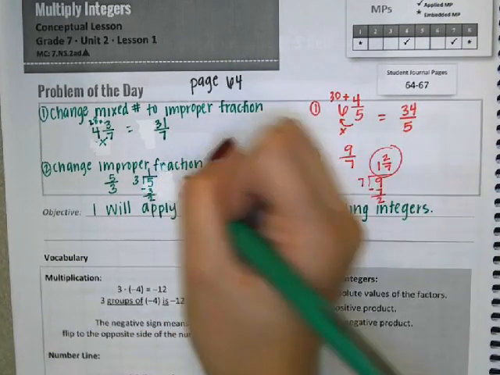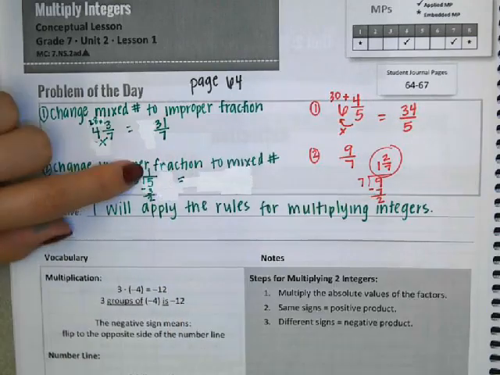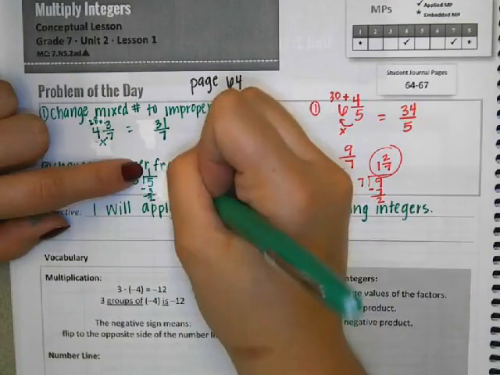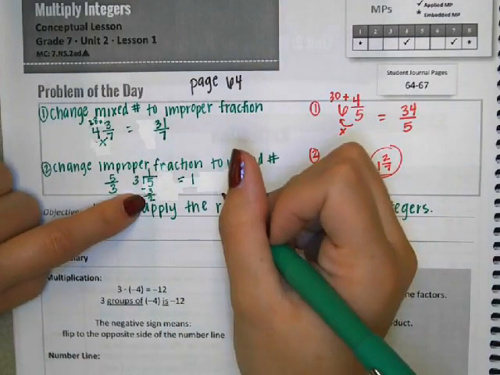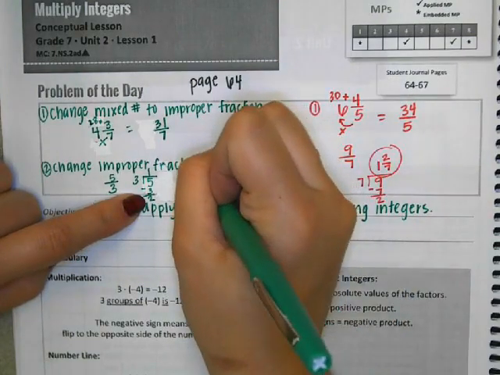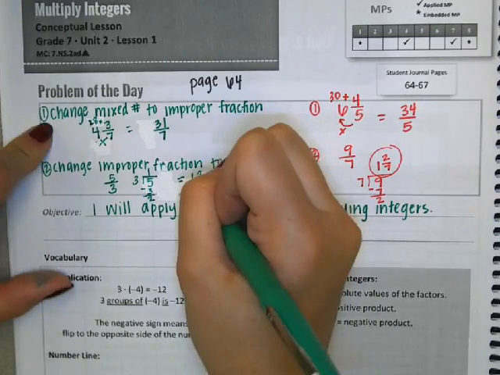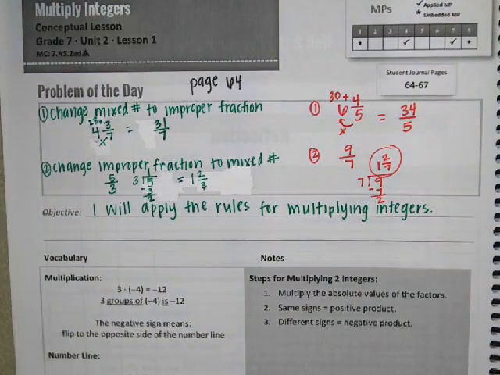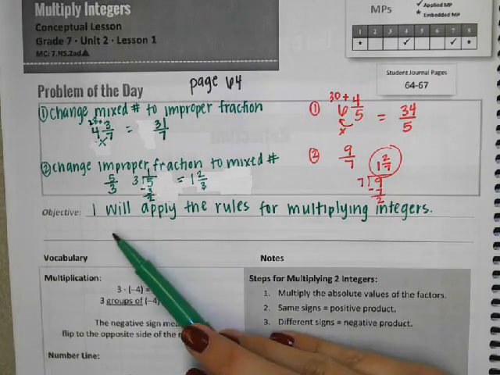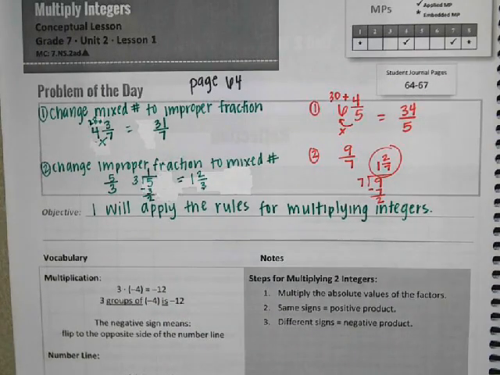So my final answer is now this 1 is my whole number. My 2, my remainder, is going to be my new numerator. And I'm keeping my same denominator, which was 3. So 1 and 2/3.